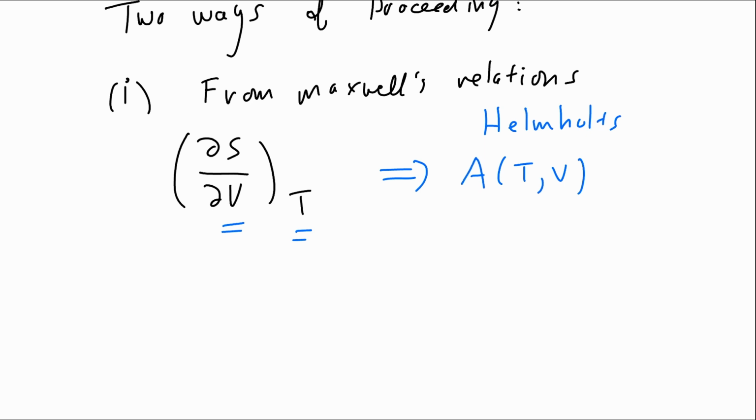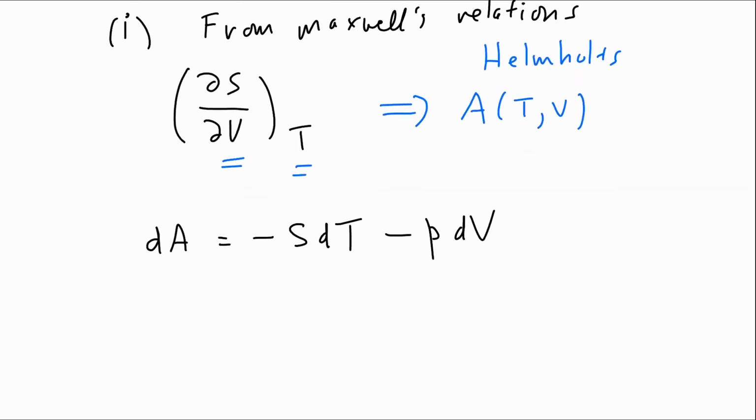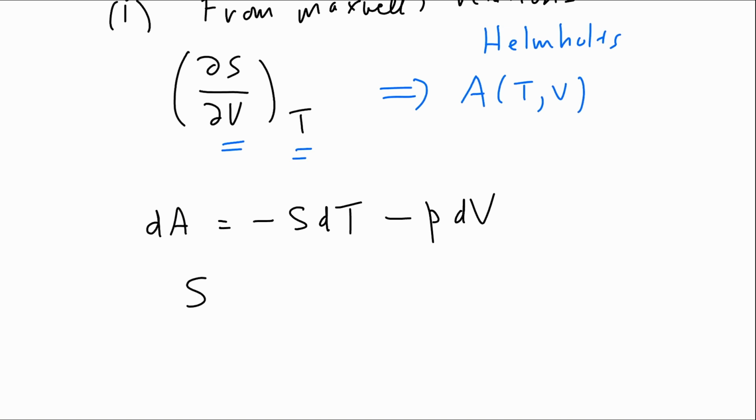And I know that dA, if I'm looking on the front of the exam and trying to remember it, but correct me if I'm wrong, that's dA for Helmholtz, right? And what that tells me is that S, or minus S, equals, where do I put the minus?